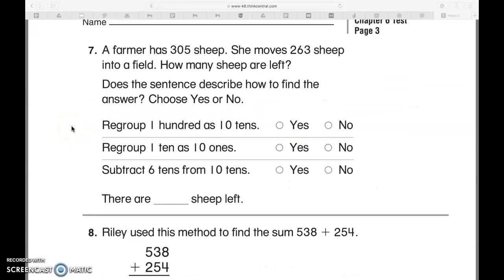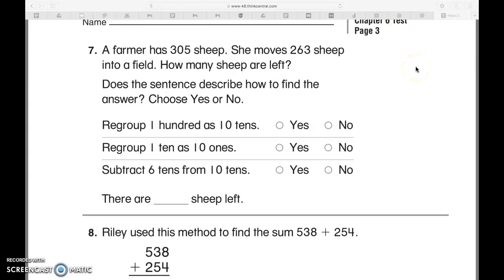Number 7, a farmer has 305 sheep. She moves 263 sheep into a field. How many sheep are left? Does this sentence describe how to find the answer? Choose yes or no. So if it were me again, friends, I would solve this problem out to the side.